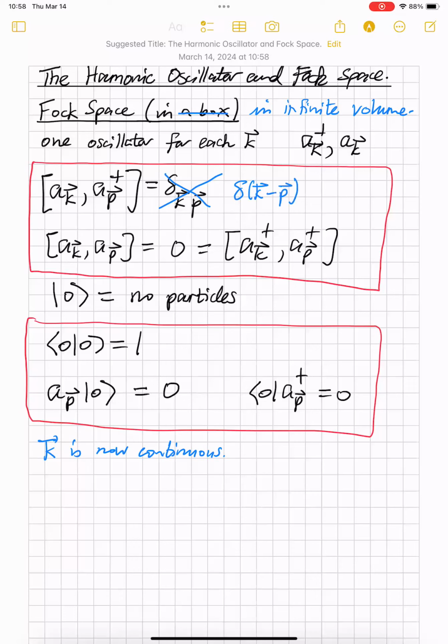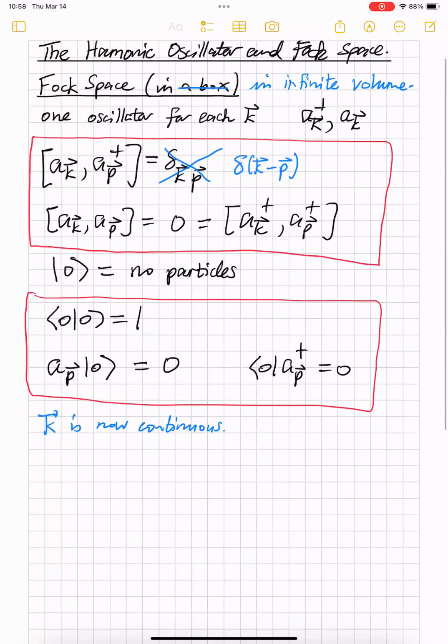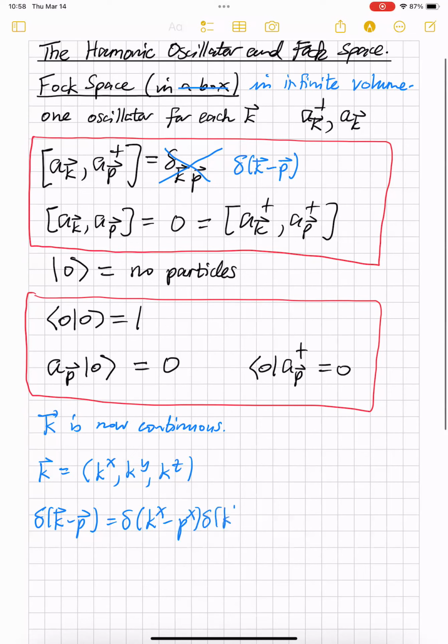And again, just to be super clear, the momentum k will have three components: an x component, a y component, and a z component. And when we write delta(k minus p), we mean there's a product of three delta functions, one which sets the x components equal, one which sets the y components equal, and one which sets the z components equal. Then the commutator between a_k and a_p will still be 0.